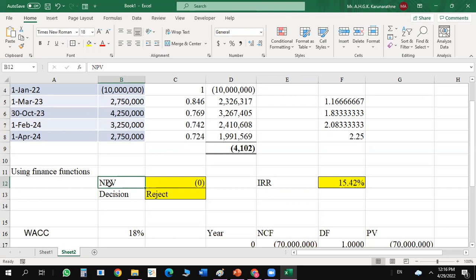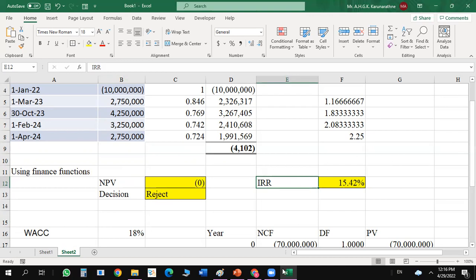Since there are two formulas, one stays unchanged while for the other we put an X in front, because we need to differentiate them. So we have the NPV formula and the XNPV formula, and the IRR formula and the XIRR formula, right? Okay, so that's about how to compute NPV and IRR.